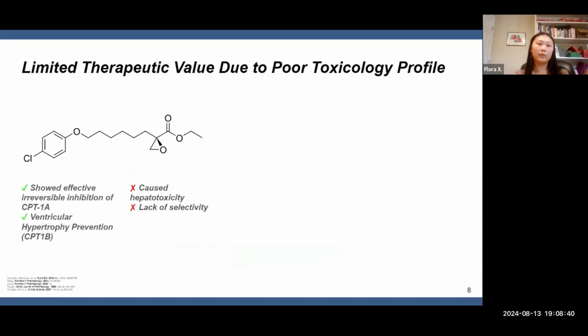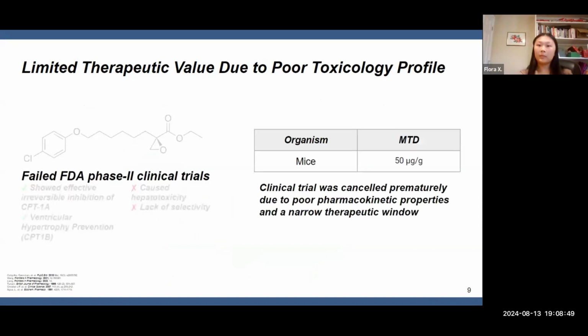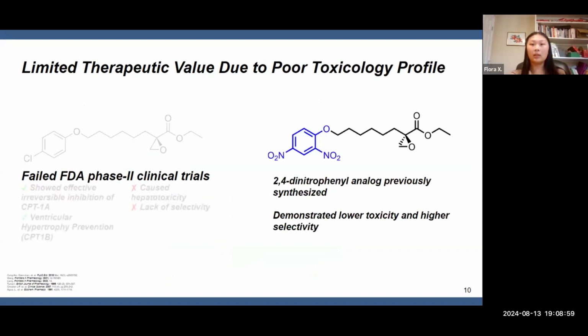While etomoxir showed effective irreversible inhibition of CPT1, it also caused hepatotoxicity and a lack of selectivity, which led to the early cancellation of phase 2 clinical trials due to its poor pharmacokinetic properties and narrow therapeutic window. However, our lab is still interested in this molecule due to its analog.